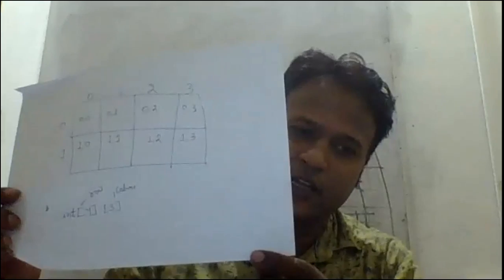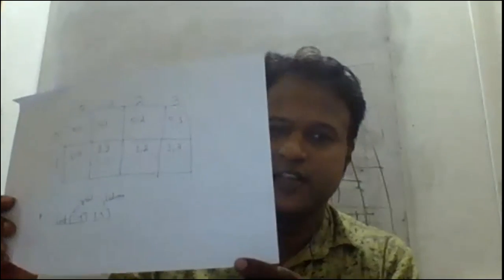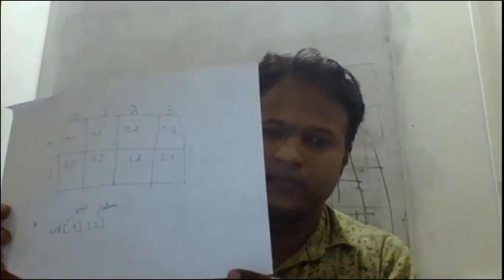So if you notice here it is defined int, first is for row, second is for column. Okay, so you can write in this way.